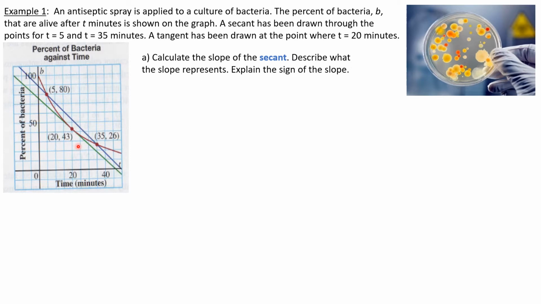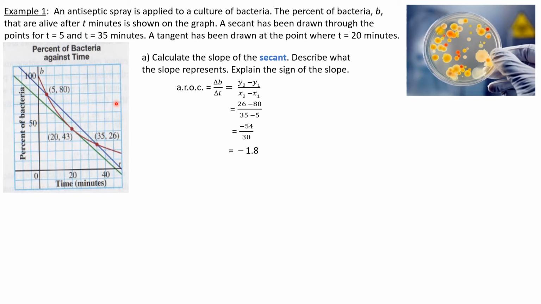We need to calculate the slope of the secant, that's the blue line, and then we're going to describe what it means. So remember, a secant line is just a slope formula. In this case, we're looking for the change in the percent of bacteria over change in time, delta B over delta T. We sub in the coordinates that were given to us right over here, (5, 80) and (35, 26), and we get negative 54 over 30.